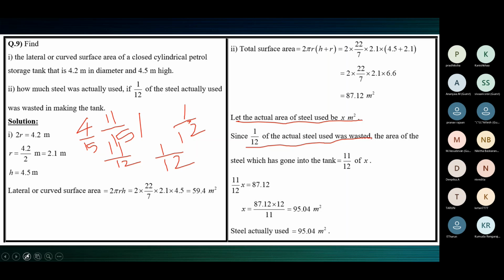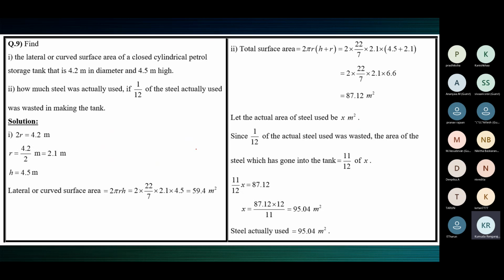Similarly, if 1/12 is wasted, that means 11/12 is used. So if 1/12 of X is wasted, 11 by 12 of X is used. And whatever is used is now present in the total surface area of the tank. So 11 by 12 of X is equal to the TSA, which is 87.12.